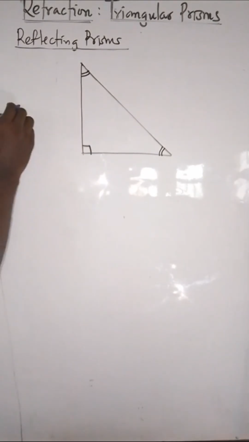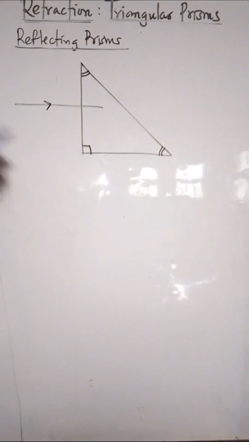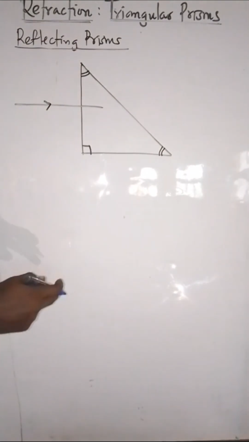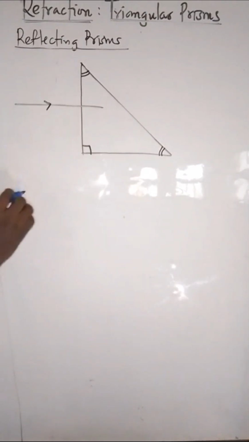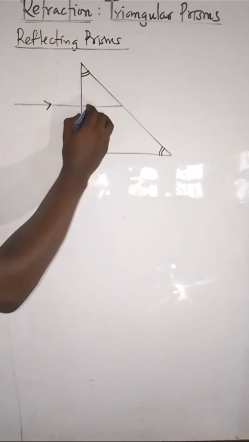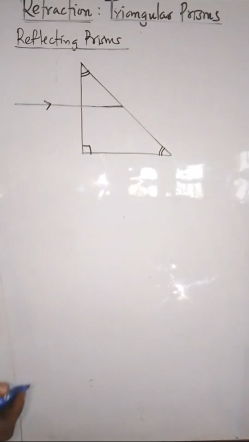If light falls on it, please note this. When light falls on a surface perpendicular to the surface, along the normal, that light will pass through undeviated, or let's say it will refract through undeviated. Ordinarily, after refraction, the direction is meant to change.